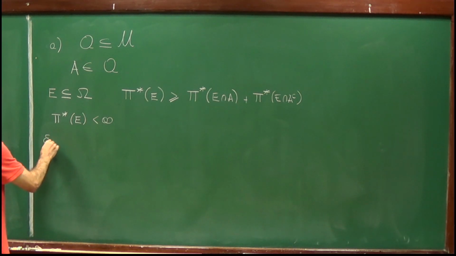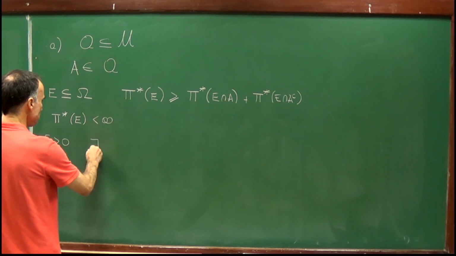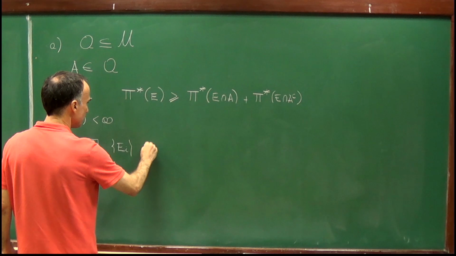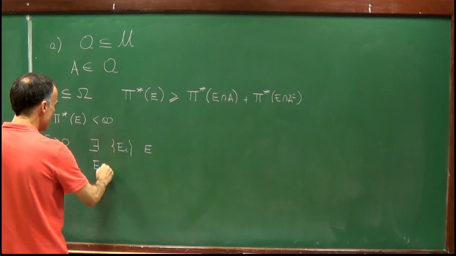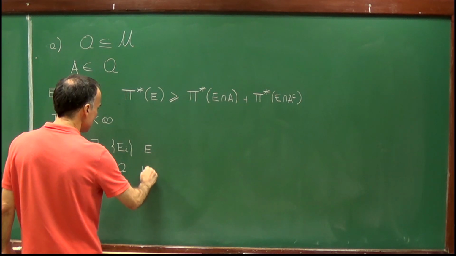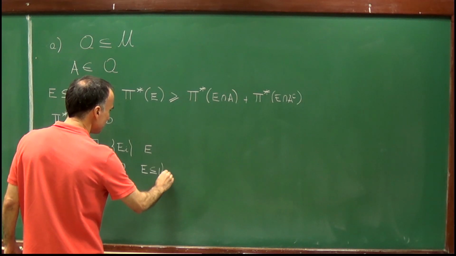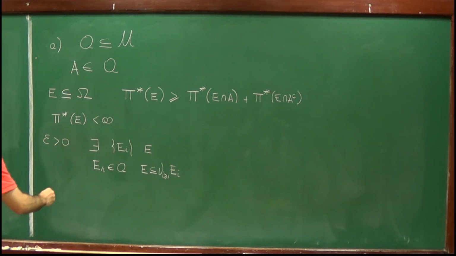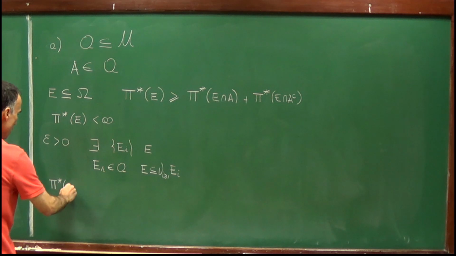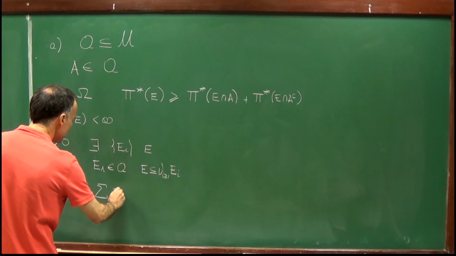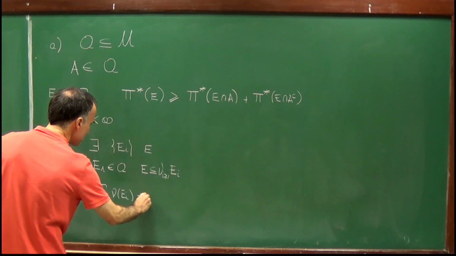This means that given an epsilon which is positive, I can find a covering E_i of the set E. Which means, let me recall once again, that E_i belongs to the algebra for each i, and that E is contained in the union of E_i.